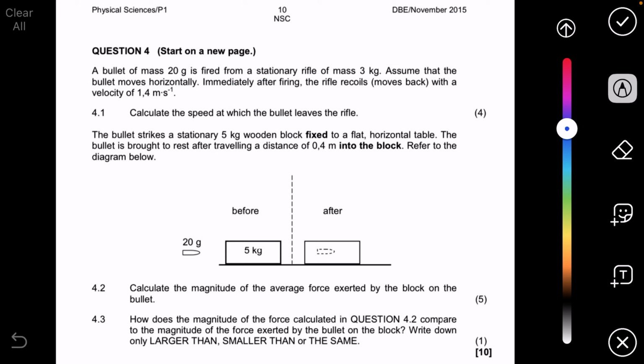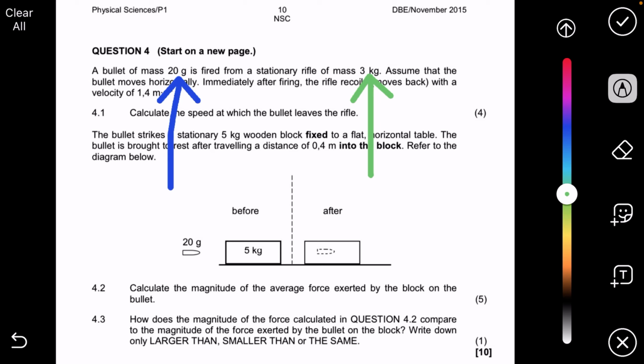Okay, so a bullet of mass 20 grams. Very, very much important, ladies and gentlemen. A bullet of mass 20 grams is fired from a stationary rifle of mass 3 kg. Okay, a rifle of mass 3 kg. Assume that the bullet moves horizontally. Very, very much important.